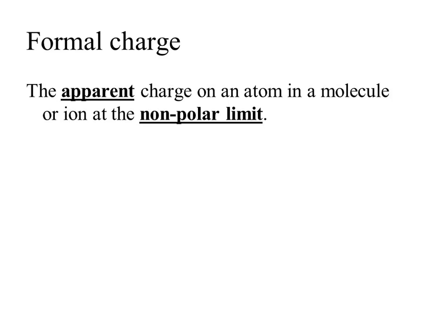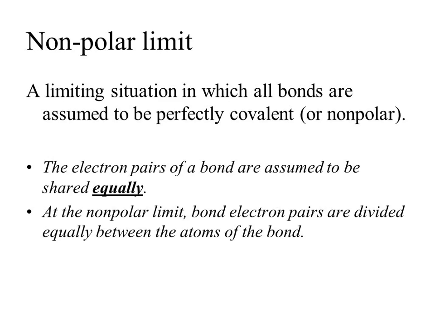The number you come up with will have a plus or negative and a magnitude, and that's in general the charge on that atom in the molecule or polyatomic ion, if we assume all covalent bonds are non-polar.